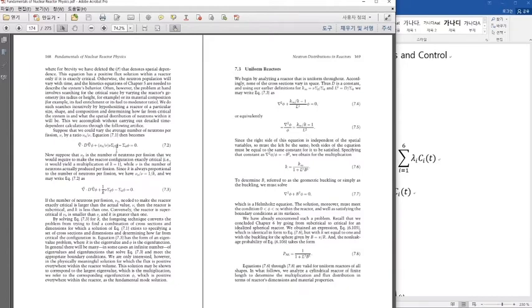So nu 0 is, where can you find it? Nu 0 is the value for the case of, so nu 0 here is the number of neutrons per fission that would be required to make the reactor configuration exactly critical. So nu 0 is the value for a critical reactor.